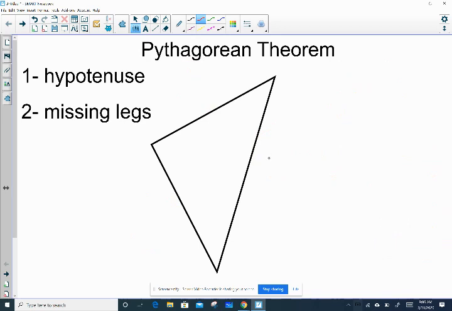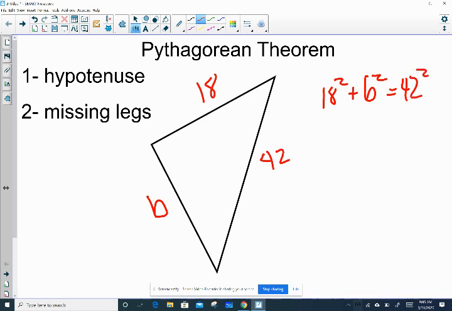Let's do another one. I'm just going to make up some numbers here. Let's try 42. Let's try 18 and not knowing b. So I get 18 squared plus b squared equals 42 squared.